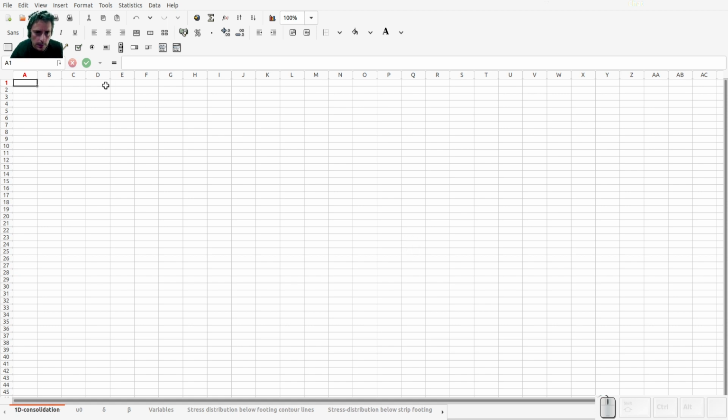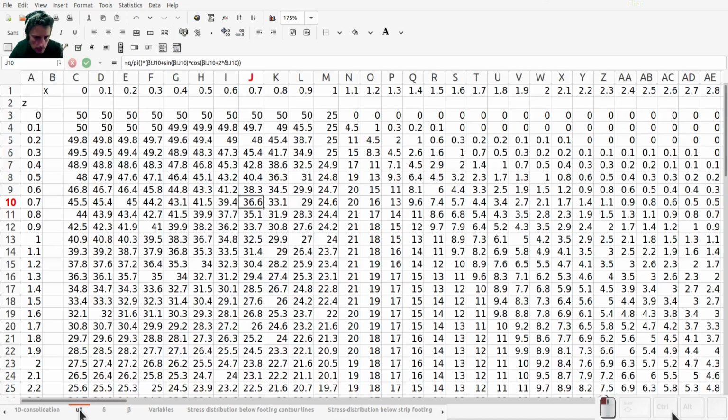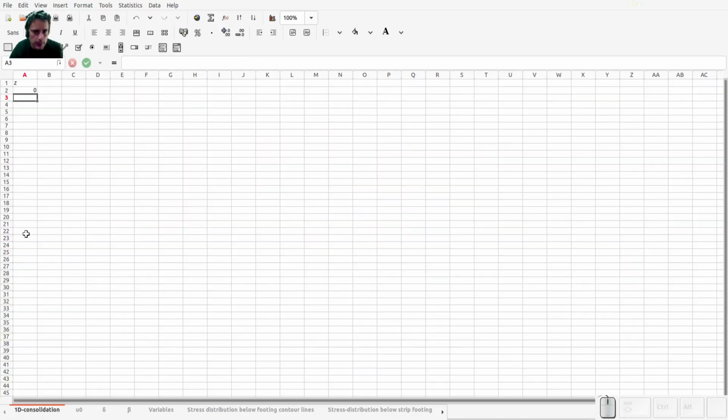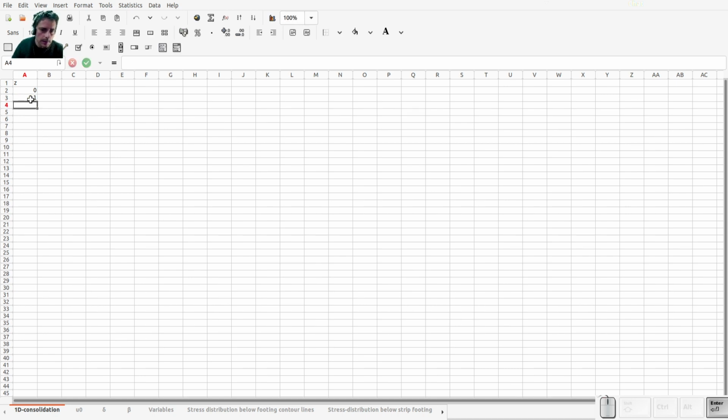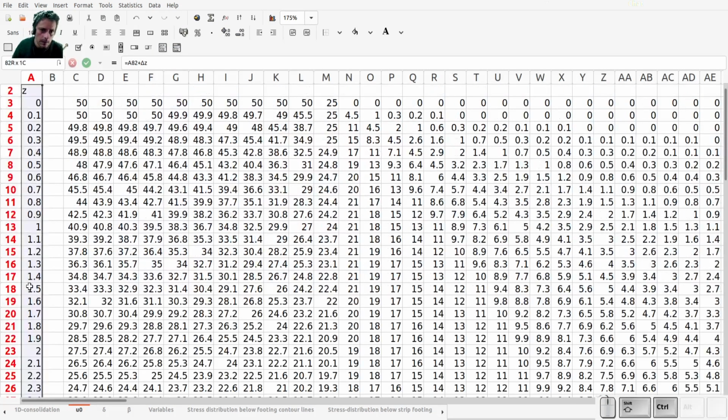Okay, so for 1D consolidation, we can have various depths. Here we were going at 0.1 meter all the way to 8 meters. It might be a bit too ambitious, but let's do it for now. So let's just take this information from here.